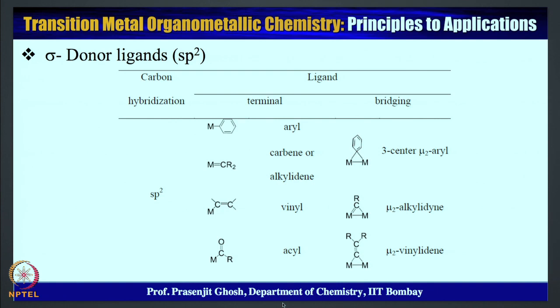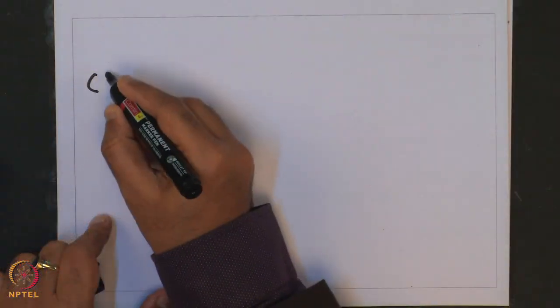Similarly, there is a lot of diversity observed in binding when the carbon is sp2.